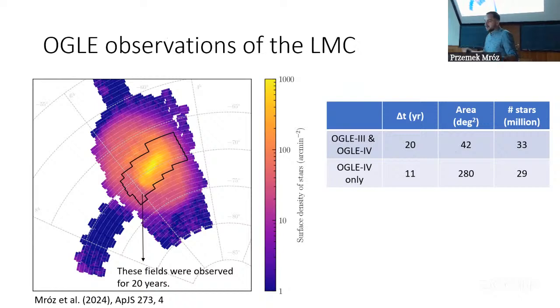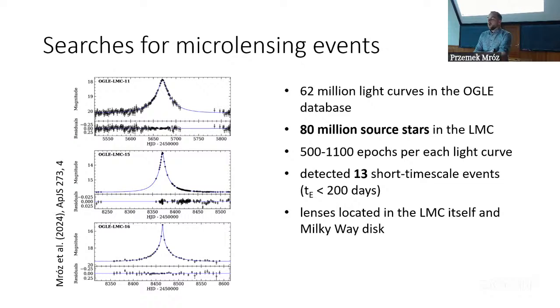We had roughly 30 million stars in the central regions of the Large Magellanic Cloud. They were observed for 20 years. Another 30 million stars located in the outer regions of the LMC were observed for only 11 years. So in total, about 60 million stars.